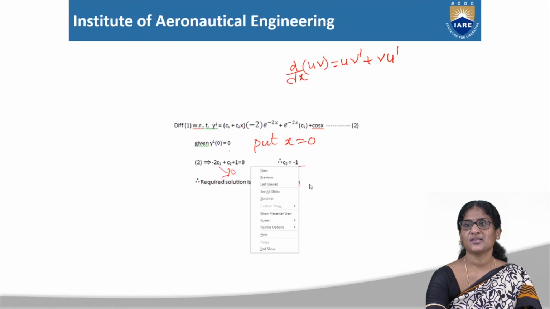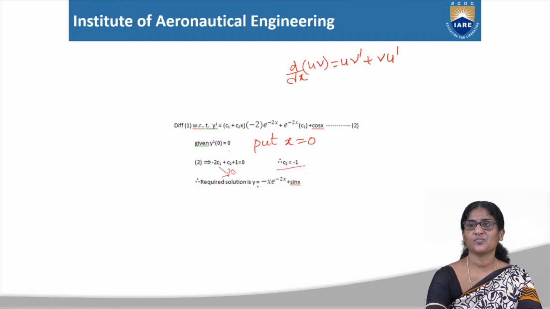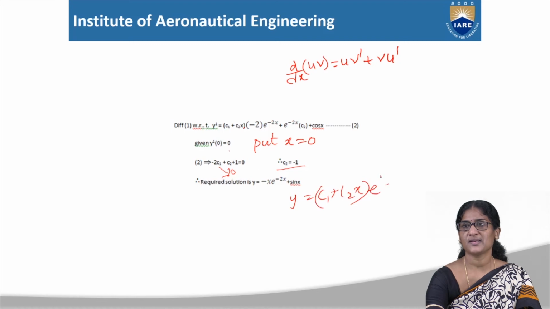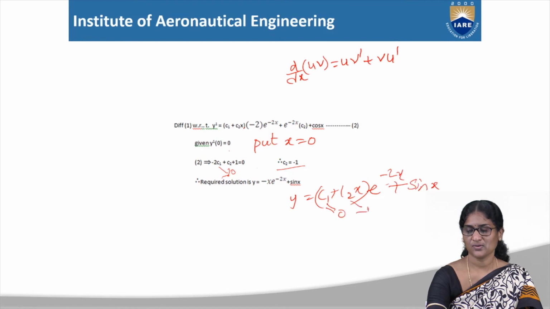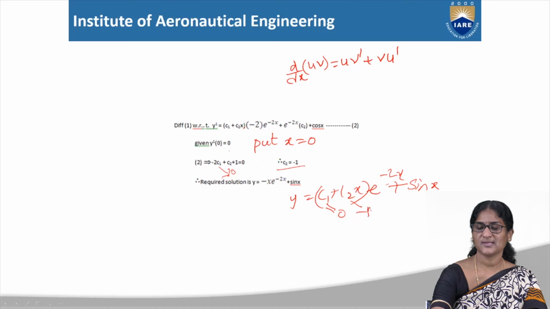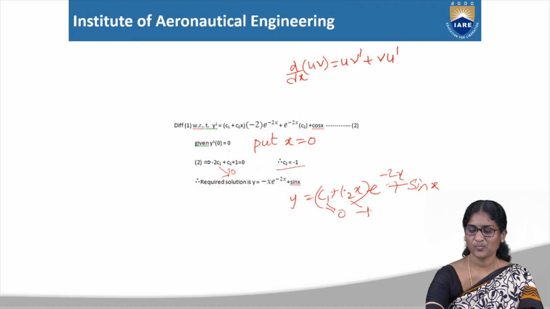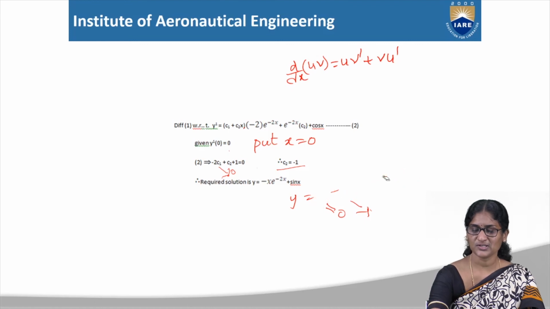Now substitute in the general solution, y is equal to c1 plus c2 x into e power minus 2x, plus sin x. Substituting c1 is equal to 0 and c2 is equal to minus 1, you get the solution as minus x e power minus 2x plus sin x, which is the complete solution after substituting the initial conditions.